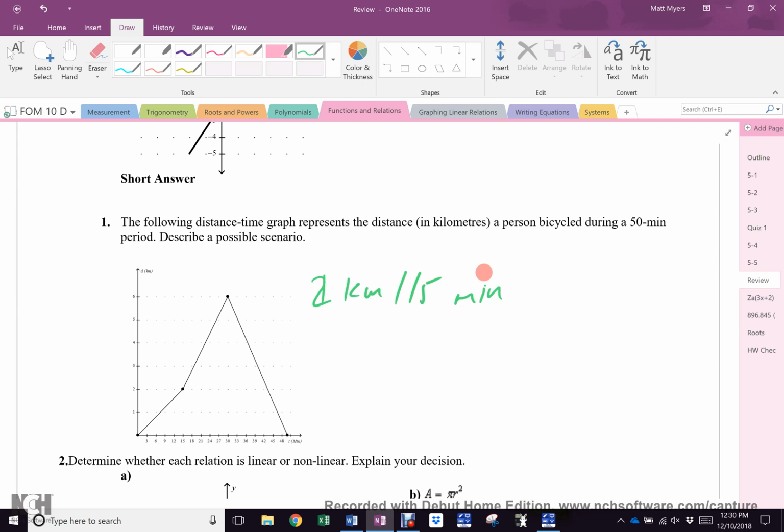We say 120 kilometers per hour. Okay? Everybody understand? But you still get your 4 out of 4 if you did kilometers per minute or meters per minute. Okay? That was out of 4.